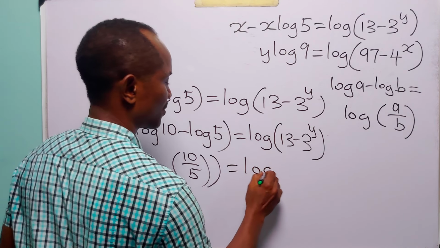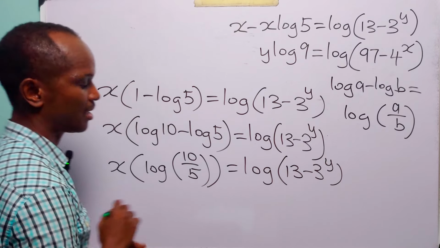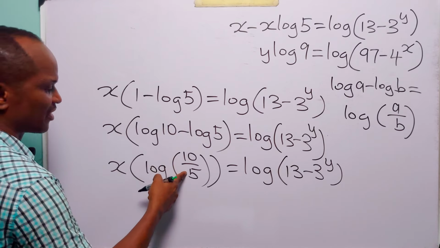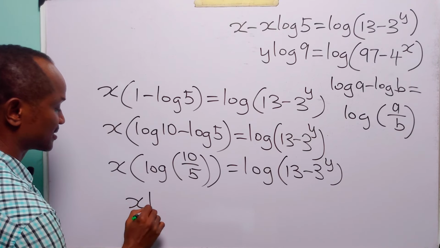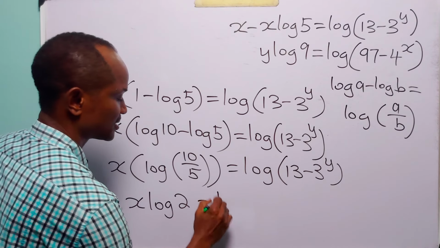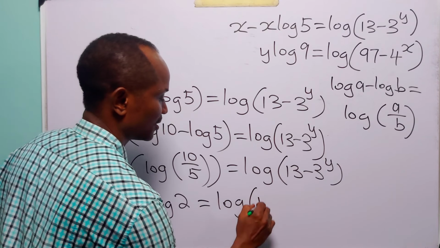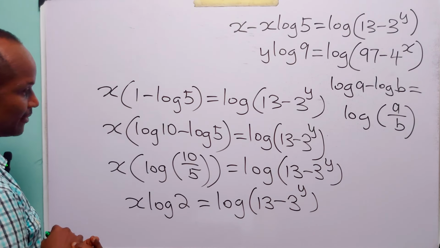And this is still equal to log 13 minus 3 to the power y. Of course, 10 over 5 is equal to 2. So on the left-hand side, we have x times log 2. And this is equal to log 13 minus 3 to the power y.